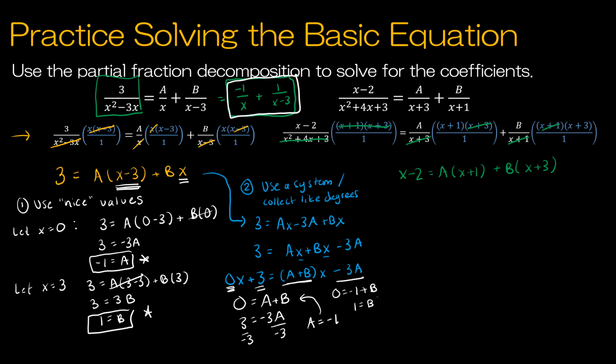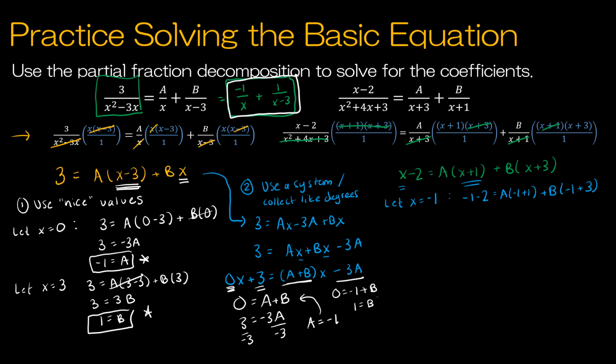the nice values way. And that would give me let x equal -1, because again I'm eyeing that x plus 1, that would give me a 0. So that gives me, now be careful on this one. This is still an x, so I see a lot of students mess up right there and leave it as x minus 2, but it's actually -1 minus 2 is equal to a times -1 plus 1 plus b times -1 plus 3.